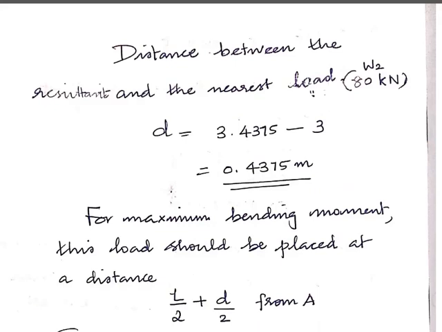For maximum bending moment, this load, that is W2, the nearest load to the resultant, should be placed at a distance L by 2 plus D by 2 from A. We know the value of L and we know the value of D. So L by 2 plus D by 2 is the distance of the load W2 from A. That is how we have to place the load.